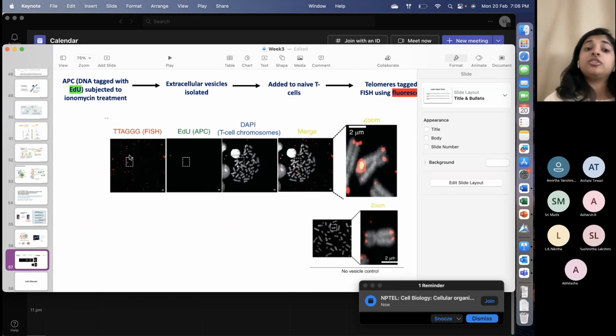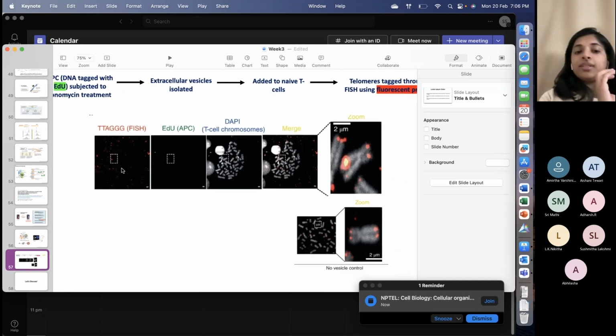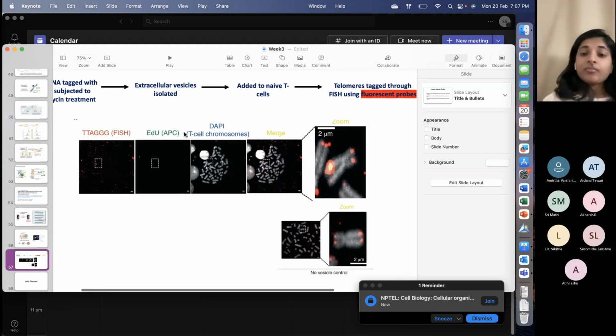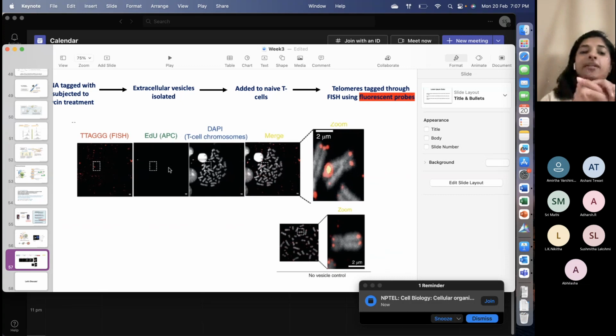And here they labeled the T cell's telomeric ends using a red probe. So say there was a transfer from the antigen presenting cell to the T cell, only then will the T cell have this green fluorescence. Otherwise, the green fluorescence is present only in the APC. And if you overlap green and red together, you will get a yellow color, and that means that both these probes are present close to each other.